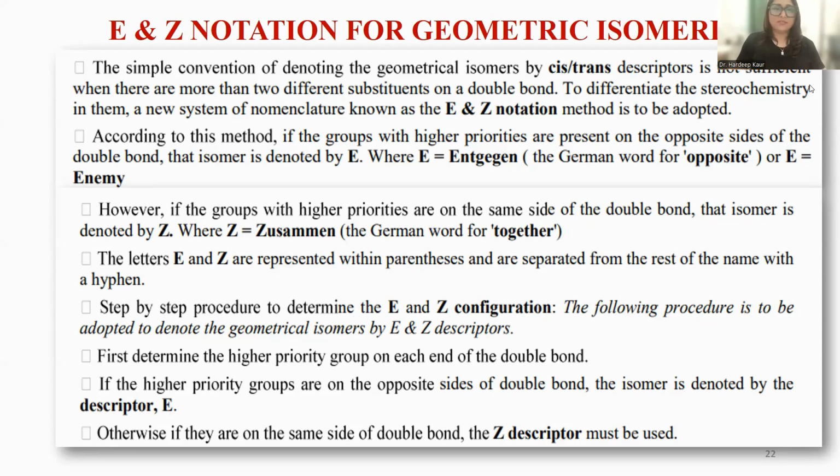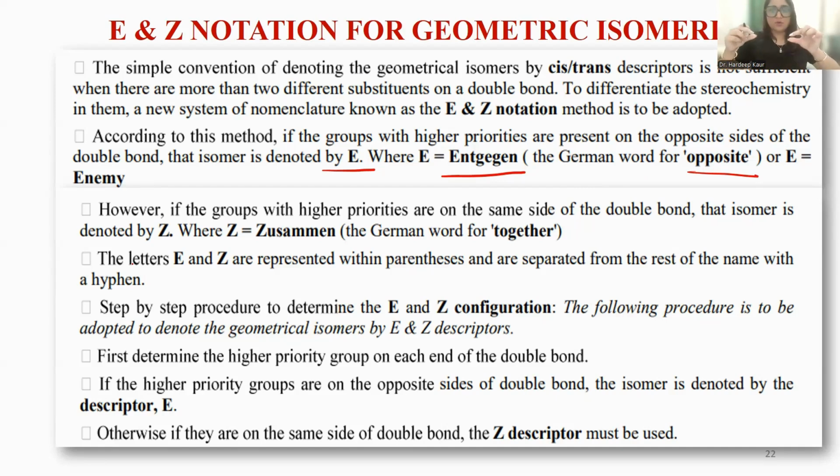According to this method, if the groups with higher priorities are present on the opposite sides of the double bond, then these isomers are called entgegen, and it is denoted by E, meaning opposite.